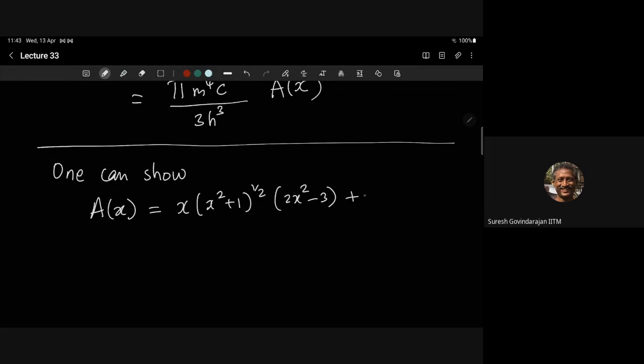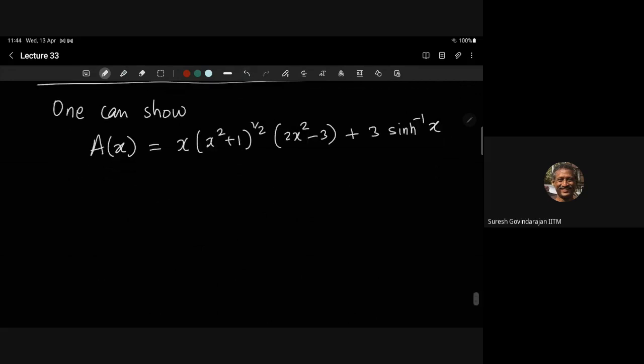Not very illuminating, but the fact is that we can write an explicit formula for b of x.